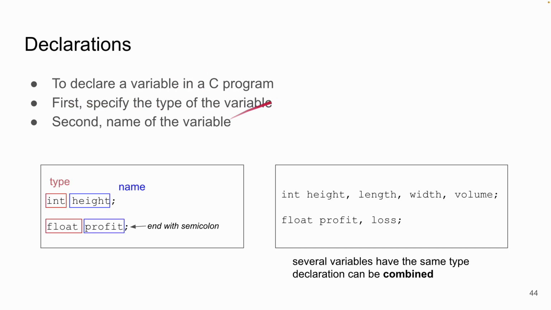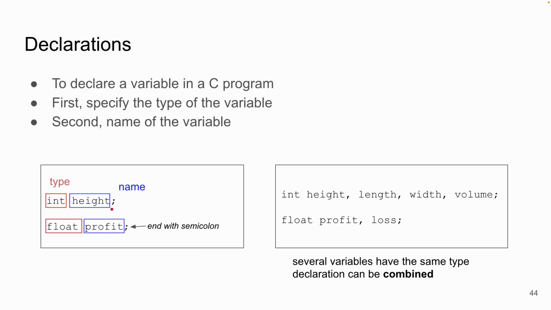So, how to declare a variable? Declaring a variable in C is pretty simple. You just need to write down a line that looks like this. Let's analyze this line. First you can see we have the type of the variable and the name of the variable.